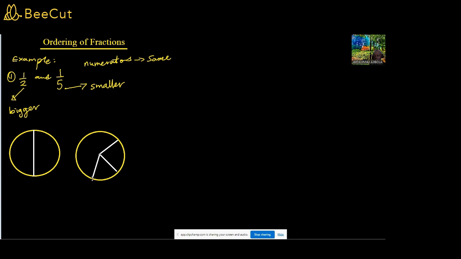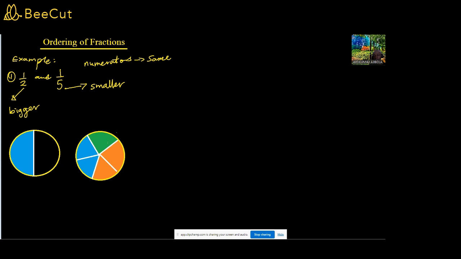Let me close it a little bit. And let's say the third portion is somewhere here, and probably the fourth portion is somewhere here. Now, even if this is not accurately equal, what I'm trying to show you here is that each portion of this is smaller than one portion of this.